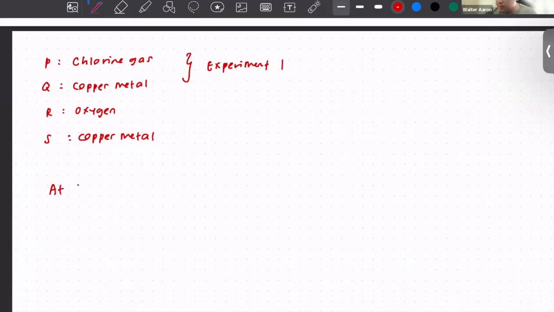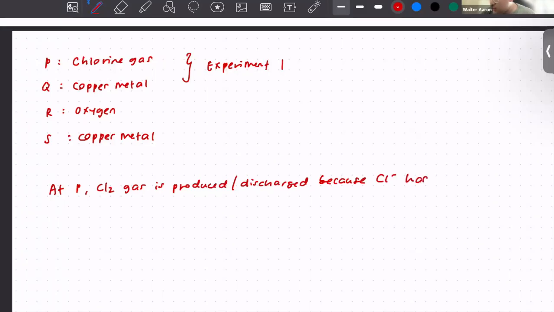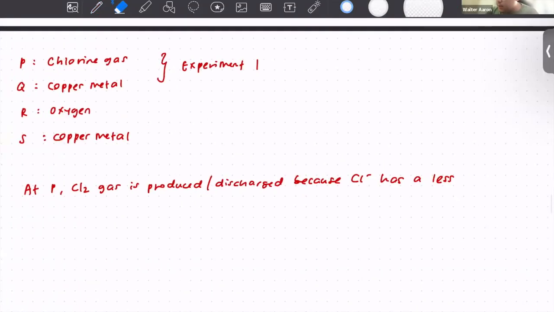So you can explain that at P, Cl2 gas is produced, or you can also say discharged, because, concentration is not about E0 value.